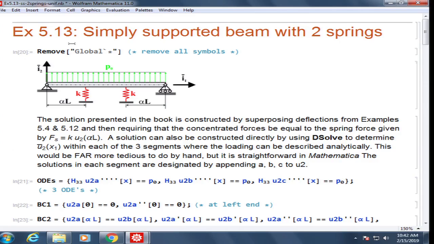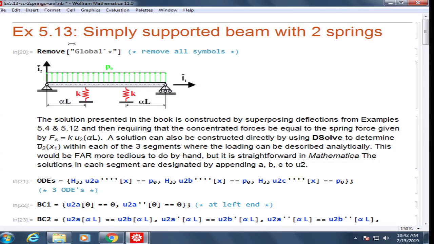So this force is going to be K u2 at alpha L. Okay, and I don't have a 1 or 2 there because they are the same at alpha L. So it's just K u2 at alpha L, and it's applied in the downward direction.